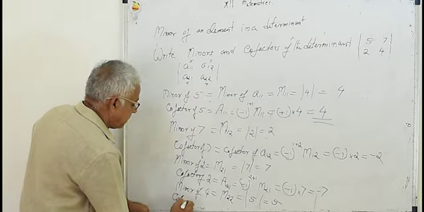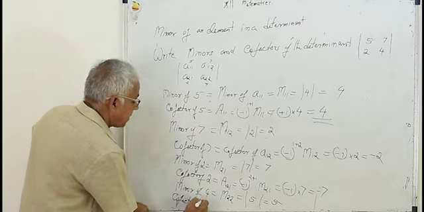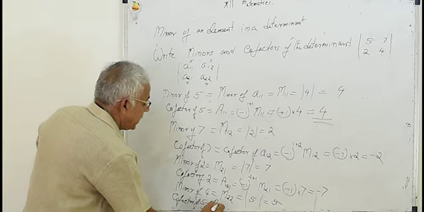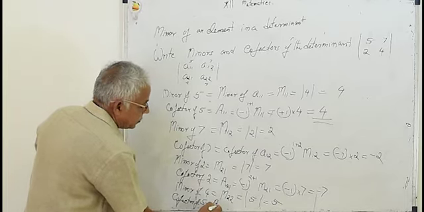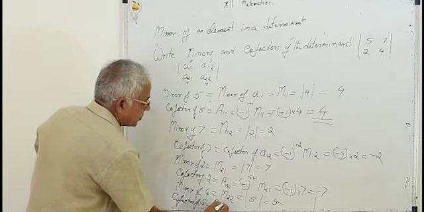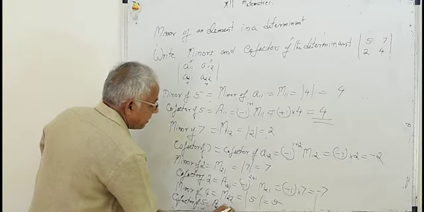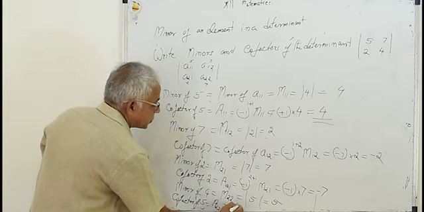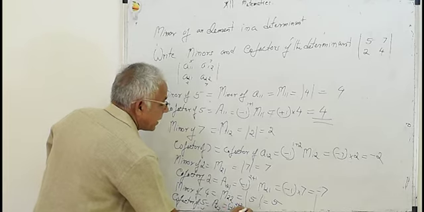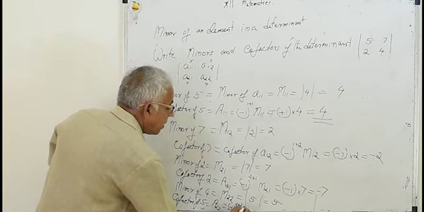Cofactor of 5 is A22, since the place is 2, 2. Positive sign, minus 1 raised to 2 plus 2 is positive, into minor M22.